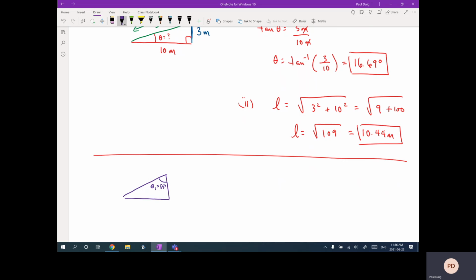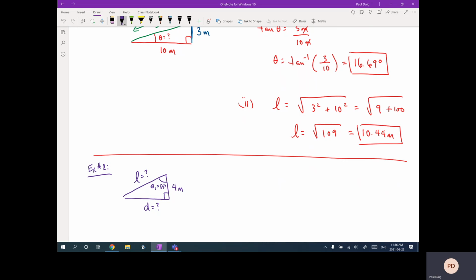Now, I have no idea how long this segment here is, and I don't know what this distance here is. So we're kind of going on the whole ramp premise that we did before. What I do know is that it's going to be a right angle triangle, and this ramp, in this case, along the wall, makes an angle of 55 degrees with that vertical segment, that 4-meter segment.